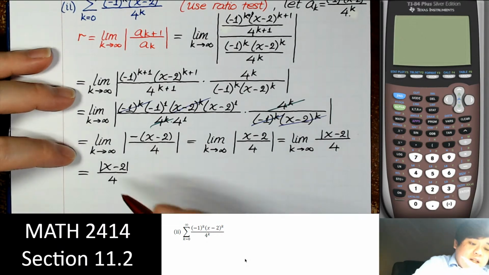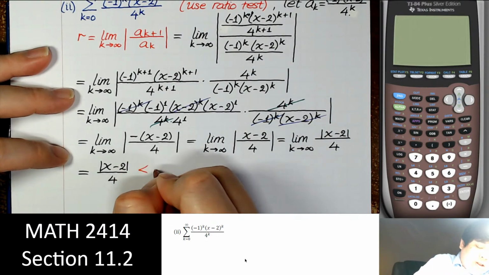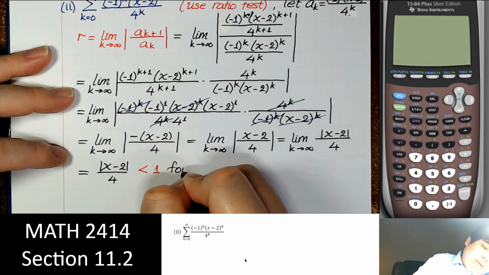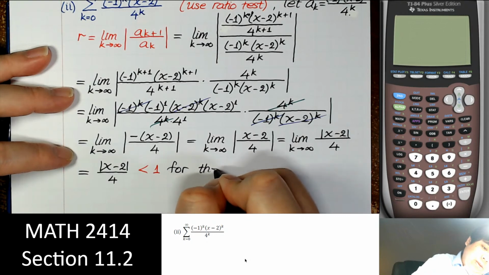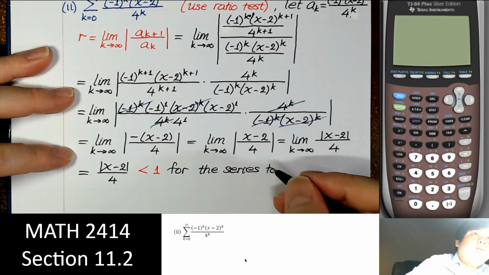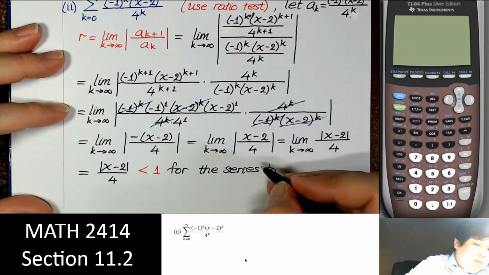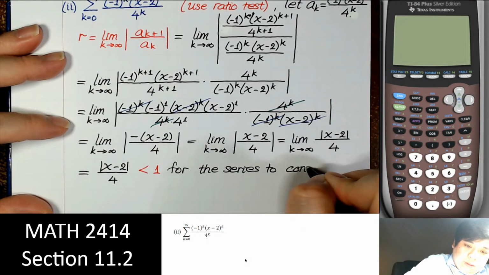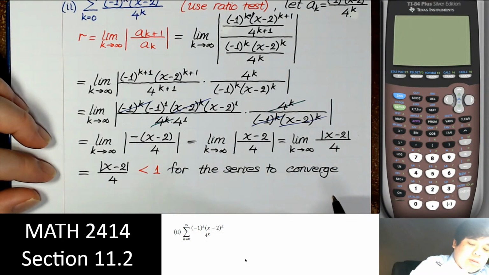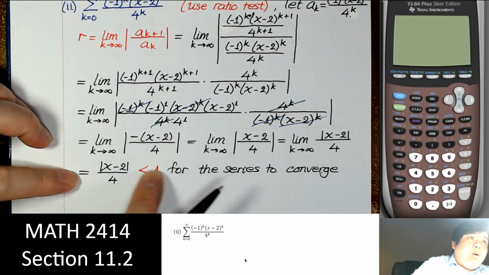And finally, we need this to be less than 1 for the series to converge. And so we just multiply 4 on both sides.